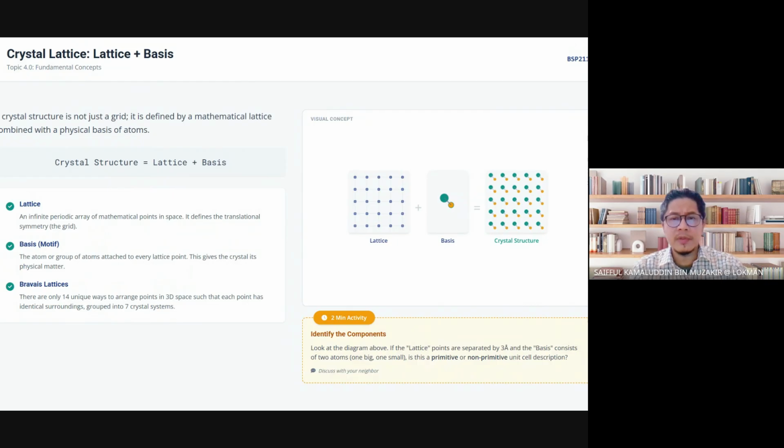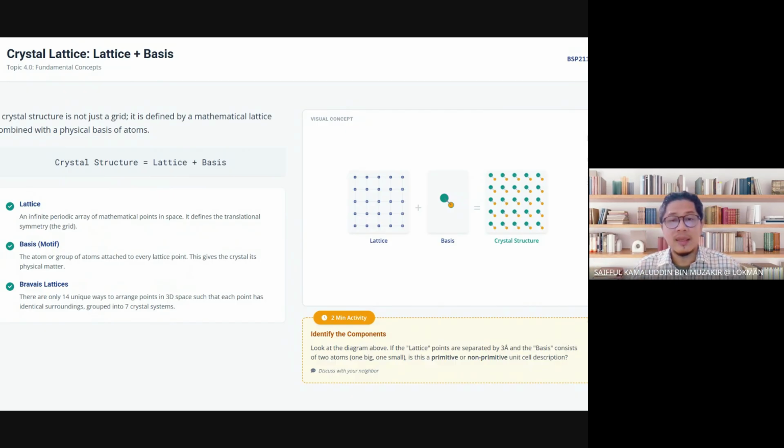Let's start with the most fundamental concept. The crystal structure comprises of lattice and basis. Lattice is just like your blank mathematical book. We have the squares, and basis is the motif that we put on the lattice, organized in a certain arrangement.